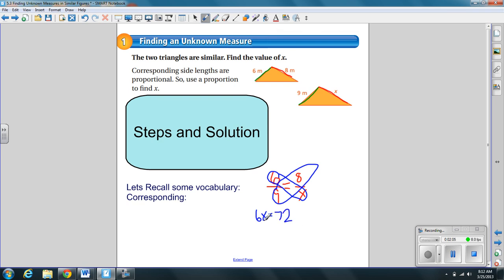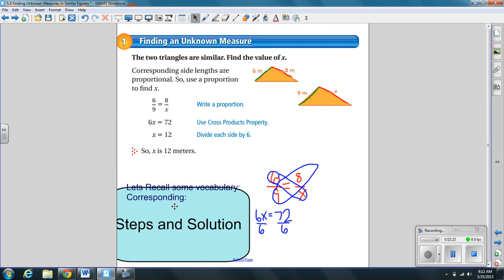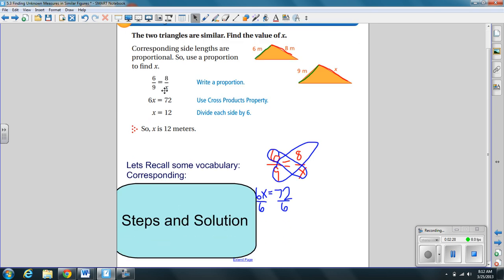And our goal is to solve for x. We want to isolate this variable. To do that, we want to undo times by dividing both sides by 6. And if you use your calculator and do 72 divided by 6, we will get an answer of 12 meters. So there you have it.